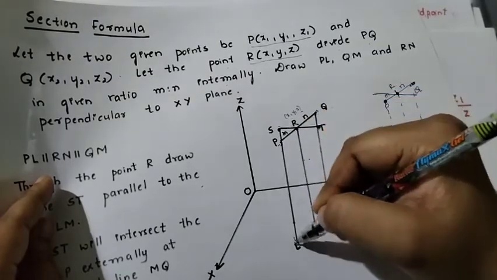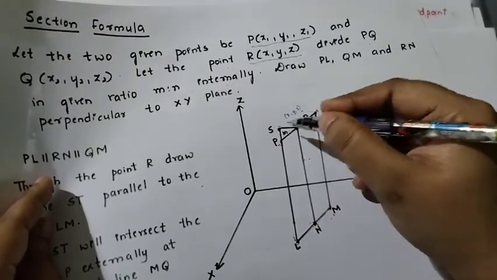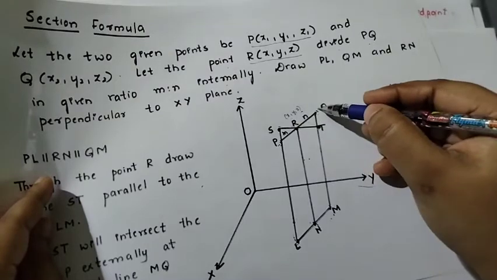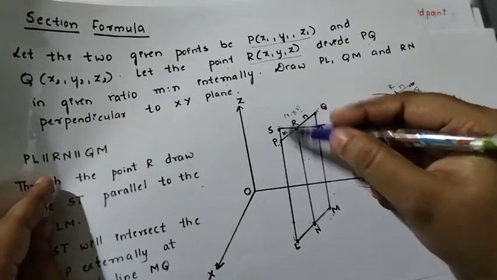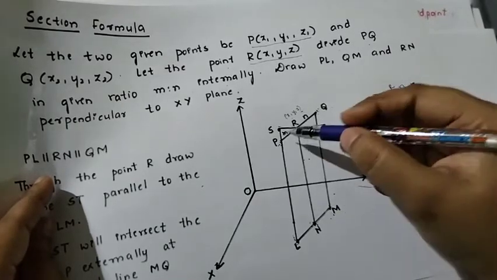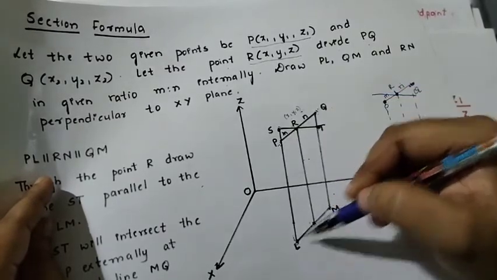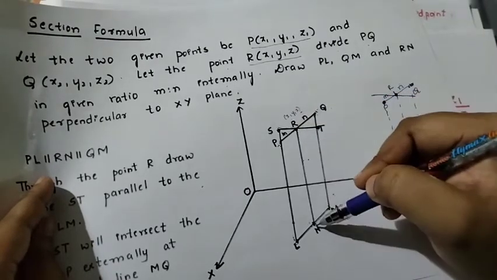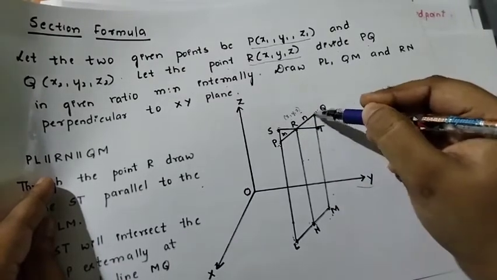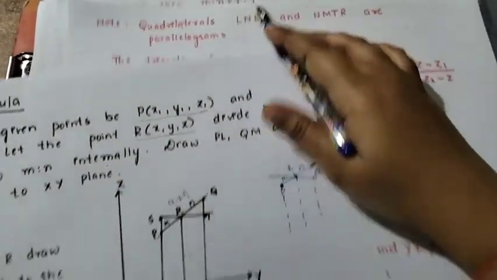LNRS and RQMN, these two are parallelograms. As these lines are parallel to each other, LNRS is a parallelogram, and RNMQ is a parallelogram. Same thing I have written here.